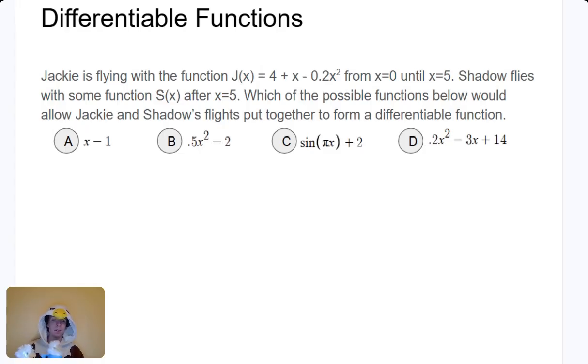Which one of these possible functions of s of x will allow Jackie and Shadow's flights put together to form a differentiable function? So basically what's going to happen is we're going to form a piecewise function. Jackie's going to fly to here, and then Shadow's going to pick up where she left off. And we want to find a function that Shadow can fly on to create a differentiable flight.